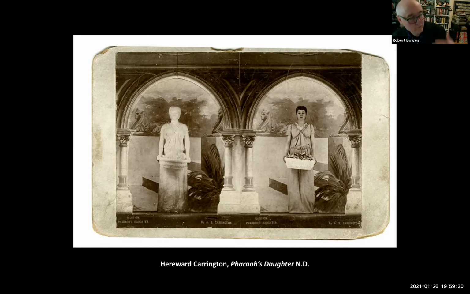But when you look at this through a stereoscope and you work with your vision, you can gradually create this dissolve from the sculpture into the real woman, just like in the famous story of Pygmalion. Pygmalion is the sculptor who falls in love with his statue, and a goddess brings his statue alive.